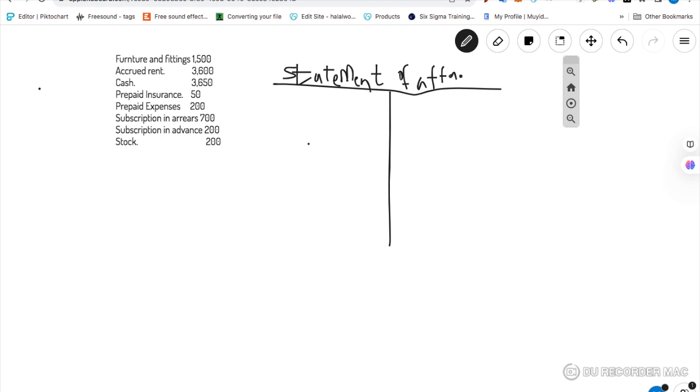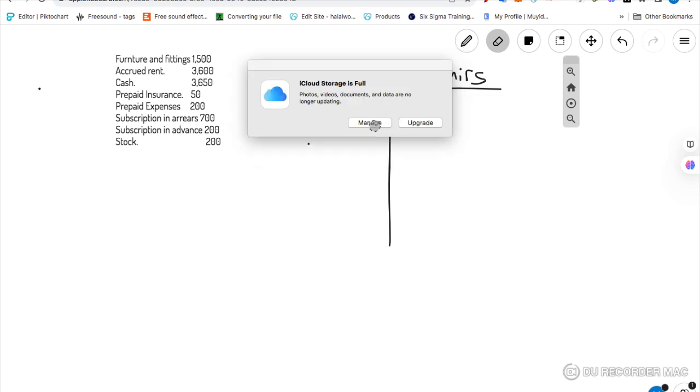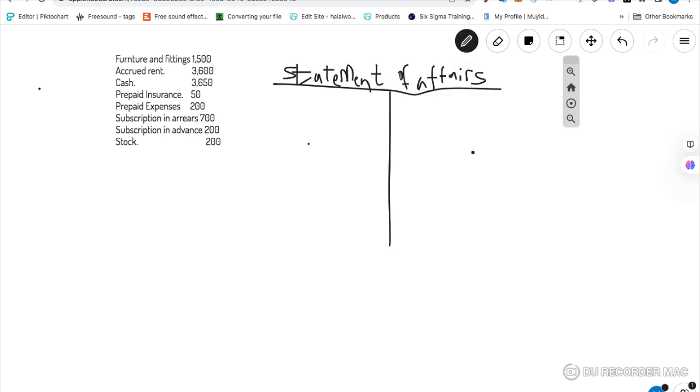This is the asset side, okay. So we have the assets, so let me go ahead and work on that.